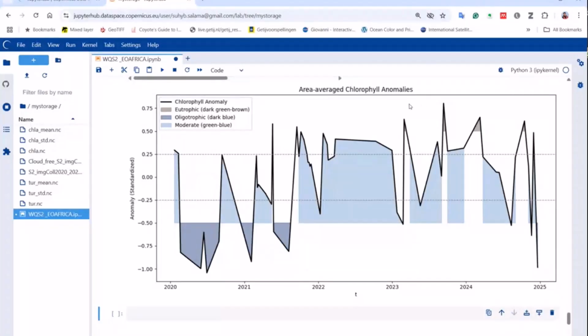The condition has been a little bit worsened starting from 2022 to 2024, and this is based on the chlorophyll anomalies.